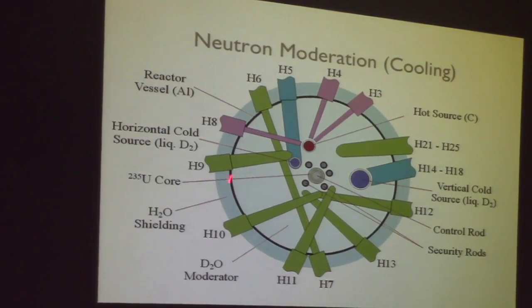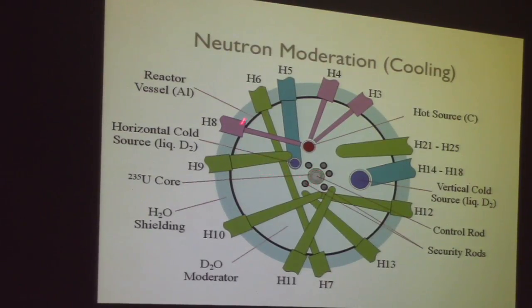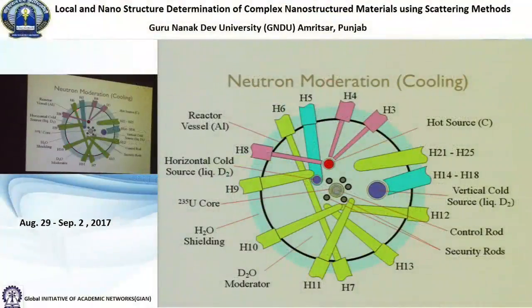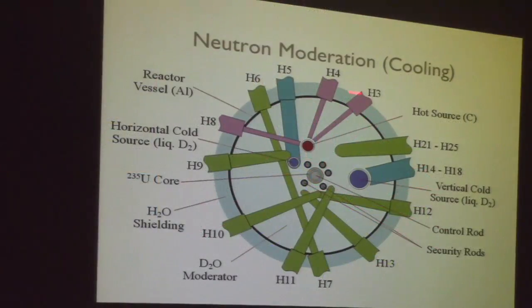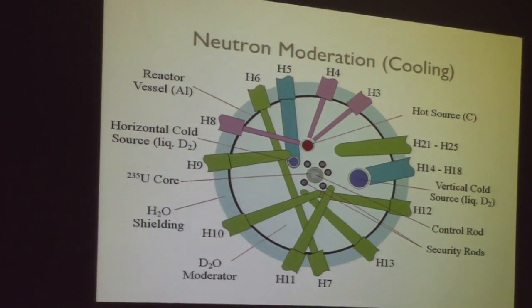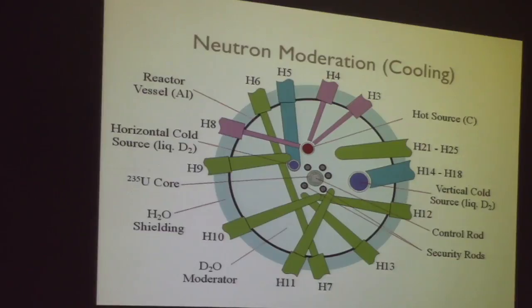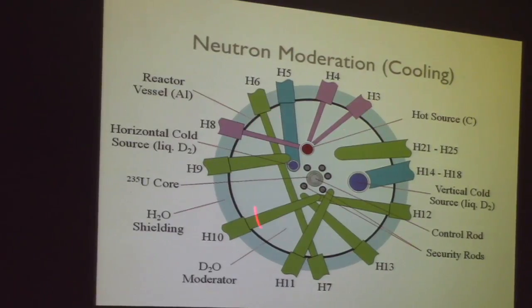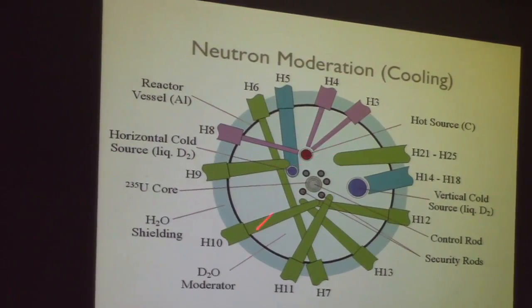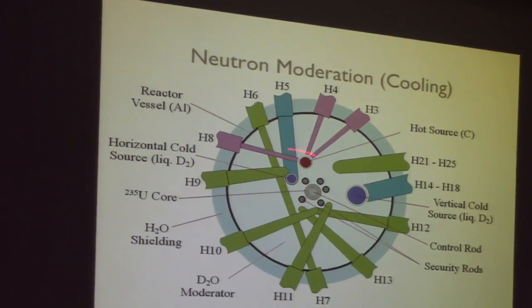So what we do is we take the core here and we embed it in a big bath of D2O, which moderates it. And then outside of that we have H2O as shielding. This is maintained at some thermal temperature, and the neutrons are thermalized in here.